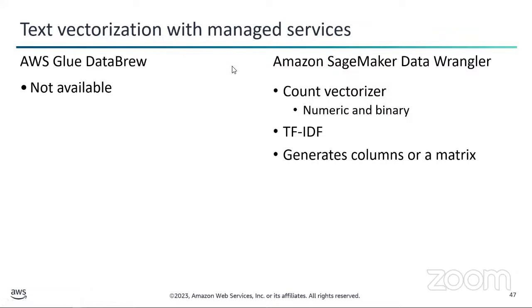Text vectorization with managed services on AWS, or on cloud in general, everything is a web service. We just call it a service. Now, there are three basic models. I don't want to go into the detail of the cloud architecture, but you can use it as what we call infrastructure as a service, IaaS, where it's just like you have your own infrastructure, your own hardware, but instead of owning it, you're just renting it for a few minutes or a few hours or even a few seconds from AWS or a cloud provider.